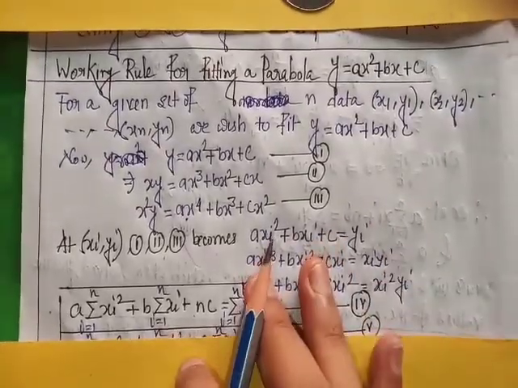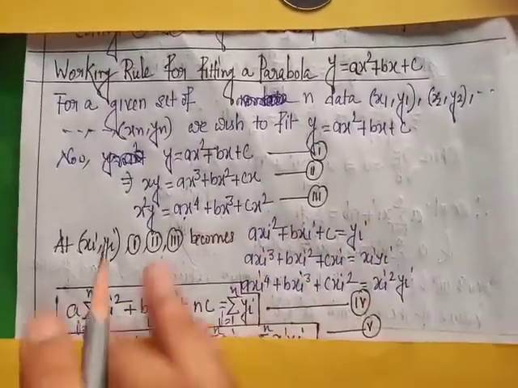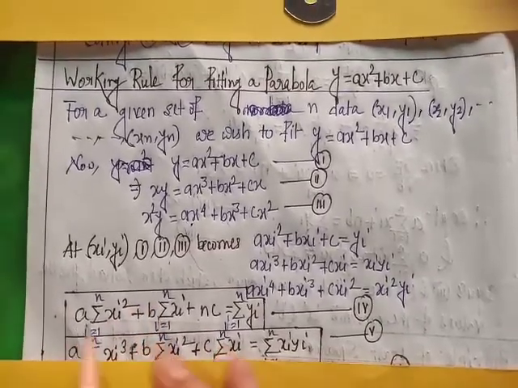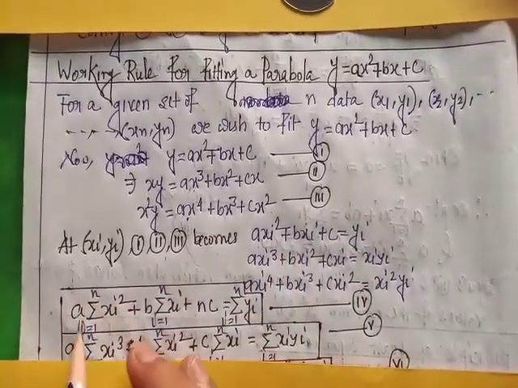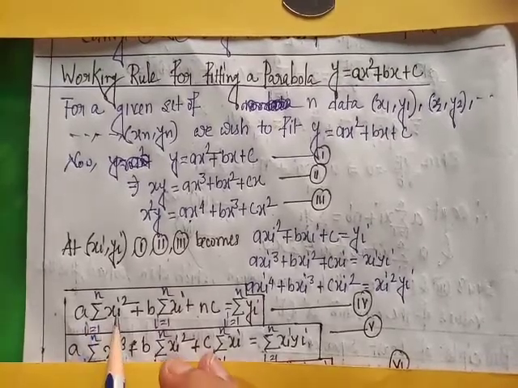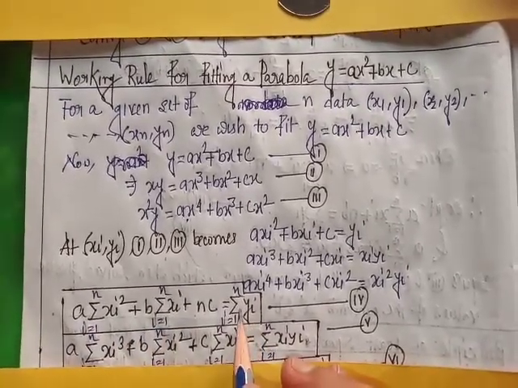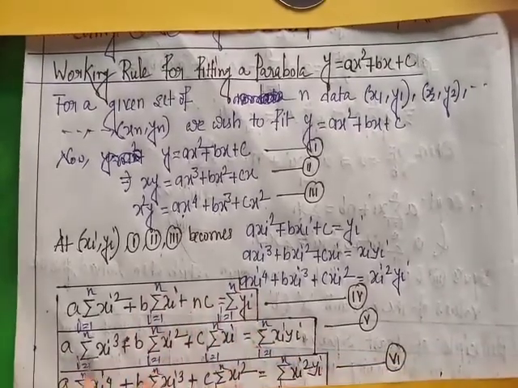Then we take summation on both sides. We get a Σxi² + b Σxi + n c = Σyi.